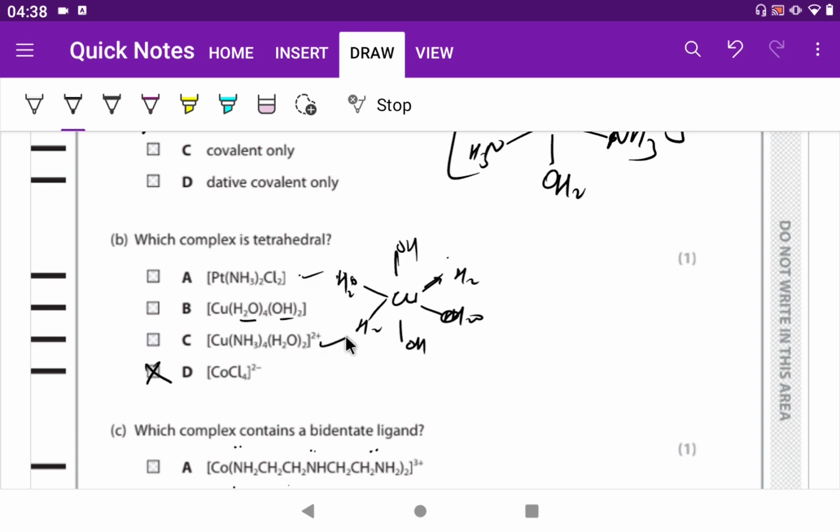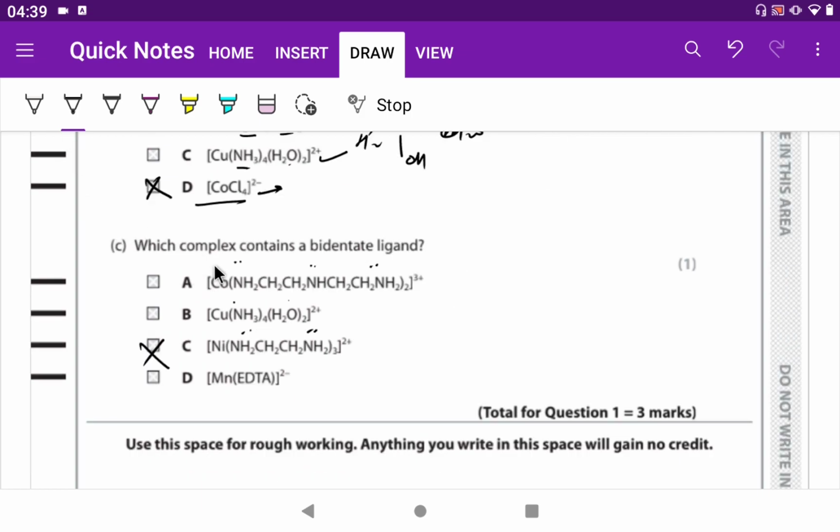This is also square bipyramidal. We can replace this water molecule by ammonia and this OH by water. So the fourth one, cobalt tetrafluoride, is the correct answer. It has a tetrahedral complex.